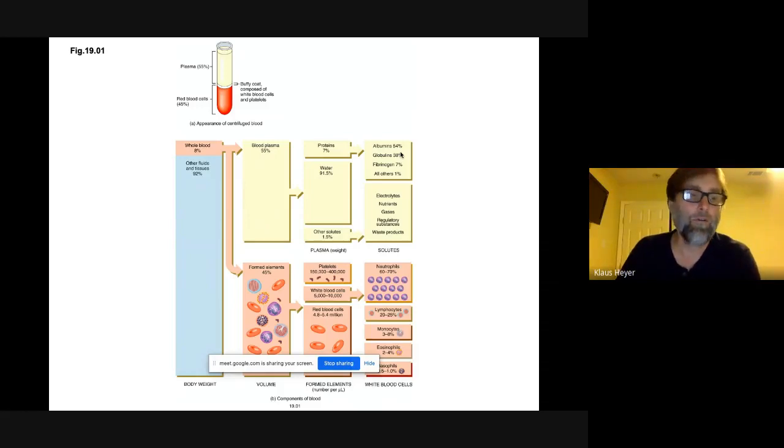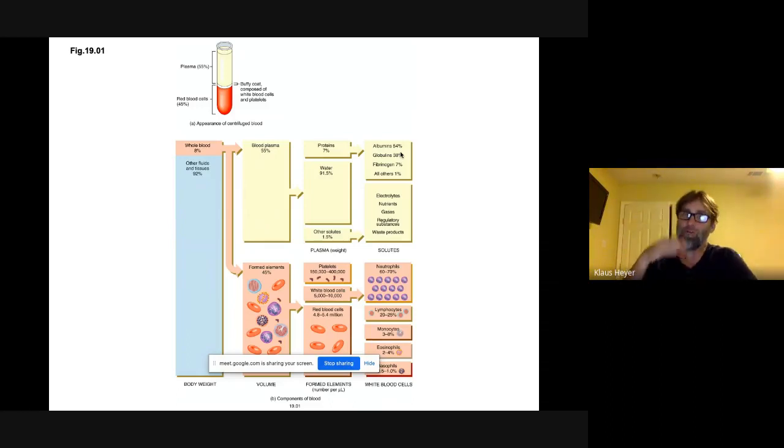Somebody might think, well, no, 7 is neutral. If you remember pH, it goes from 0 or 1 to 14, 7 is neutral, things above 7 are basic, and things below 7 are acidic. But here with blood, neutral is not 7, we're using 7.4.